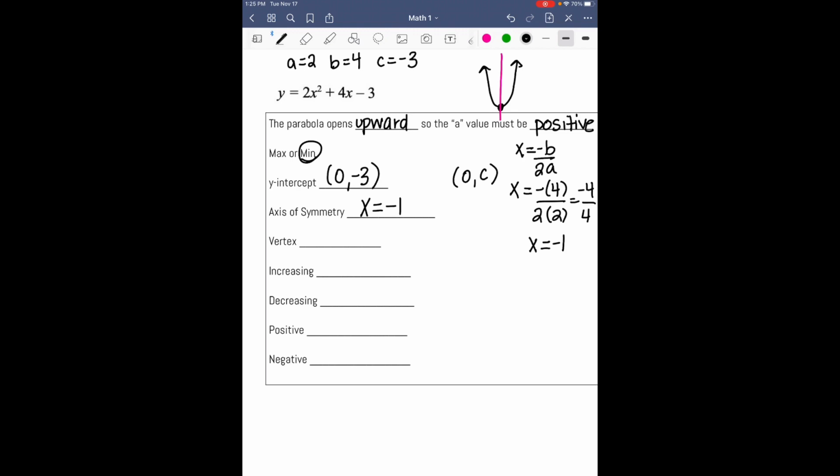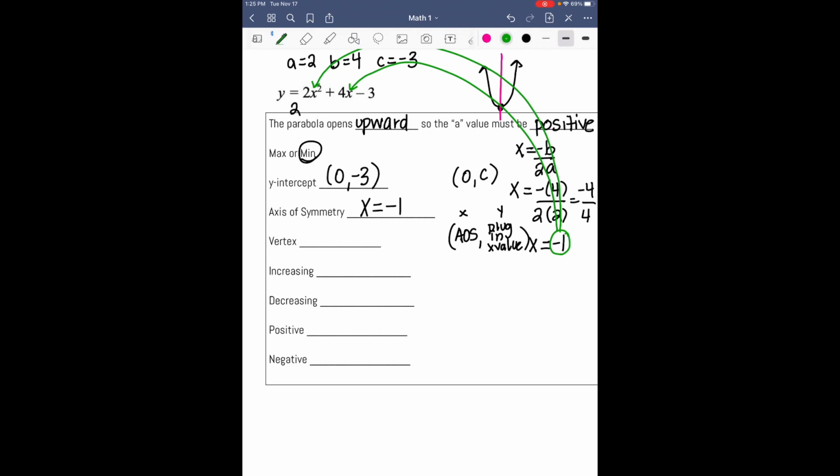Now my vertex is going to use the axis of symmetry, and then we're going to plug in the x value. That's going to give me my point, this is my x, this is my y. So we're going to take that -1 and plug it in for x in the problem in both spots.